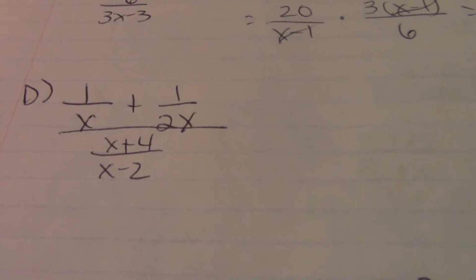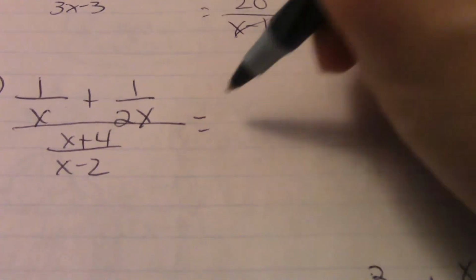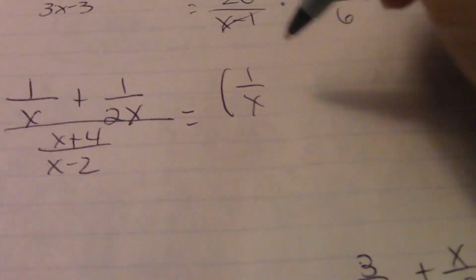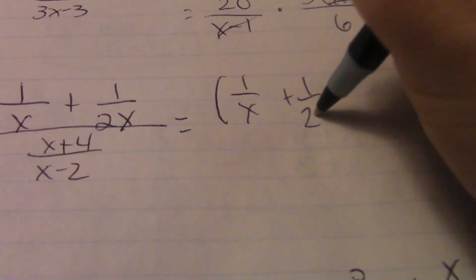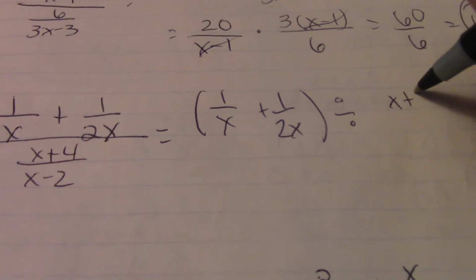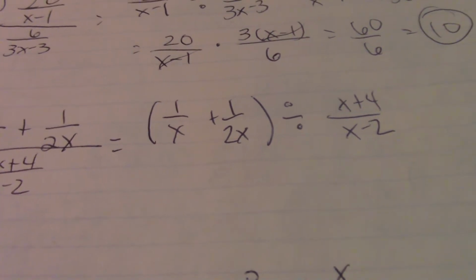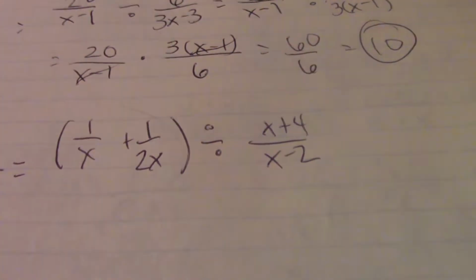This one's more like A, where we've got to also add our fractions. So we've got 1 over x plus 1 over 2x divided by, and our bottom is x plus 4 over x minus 2. I need to get this into a single fraction.